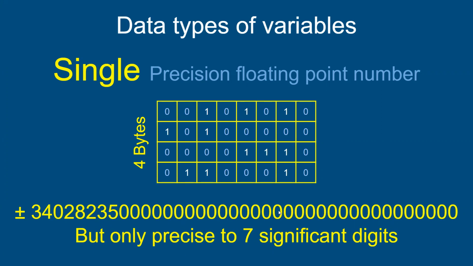But the kicker is you only have 7 significant digits. So we've got 7 digits that we can keep track of the number, and then we can push the decimal point either to really precise, we have lots of digits behind the decimal point, or we can go really, really big, but we can't be really big and really precise because that's what the range is. Questions?